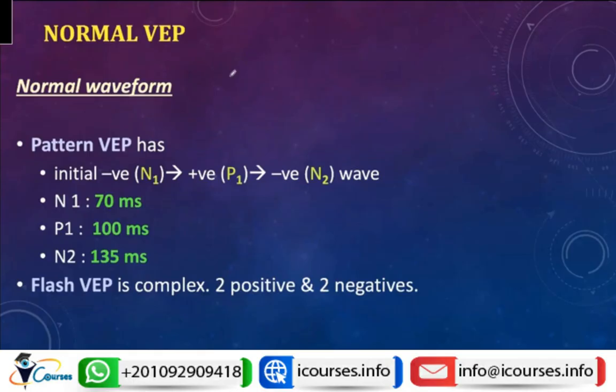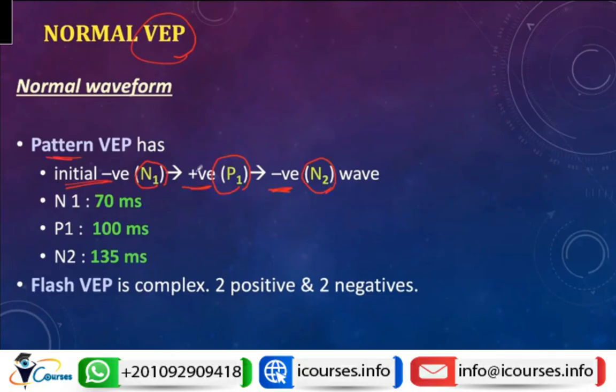As we said for the normal ERG and normal EOG, we need to know what is the normal VEP. The normal waveform in the pattern VEP has 3 main waves: an initial negative wave called N1, followed by a positive wave called P1, followed by a third negative wave called N2.